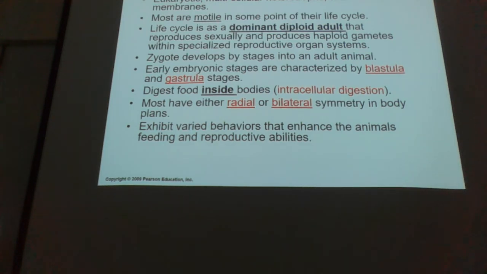We'll look at this symmetry in a minute as well. Okay, so these are main characteristics. What I haven't told you is that this very cell, this you that you were at the very beginning, after an egg cell had been fertilized by a sperm cell, is known as zygote. Okay, we'll learn this word also very well. So zygote.